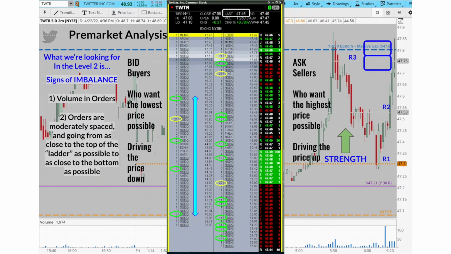And then the total number of these orders that are over 1,000 spans this area, whereas the ask side spans a much greater area. So there's considerably more volume on the ask side in orders, and they are spaced moderately to provide rungs of the ladder, so to speak.